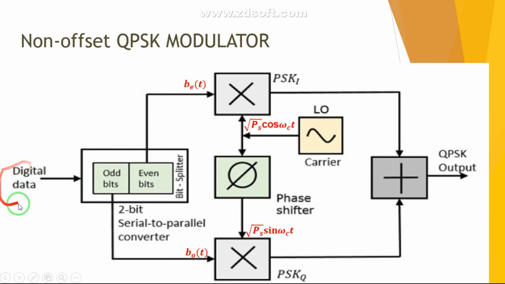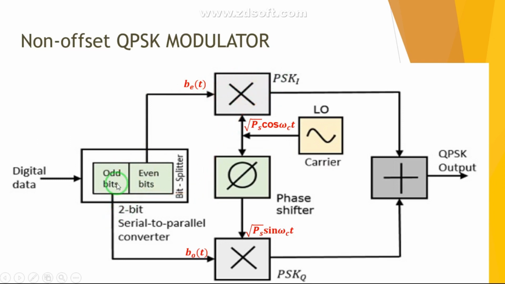Understood? It is your bipolar NRZ data, that is +1 and -1. +1 represents logic 1 and -1 represents logic 0. This is your demultiplexer, which is also called a 2-bit serial to parallel converter. Over here the even bits, that is 2, 4, 6 and 8 bit streams, are separated out and given to multiplier 1.